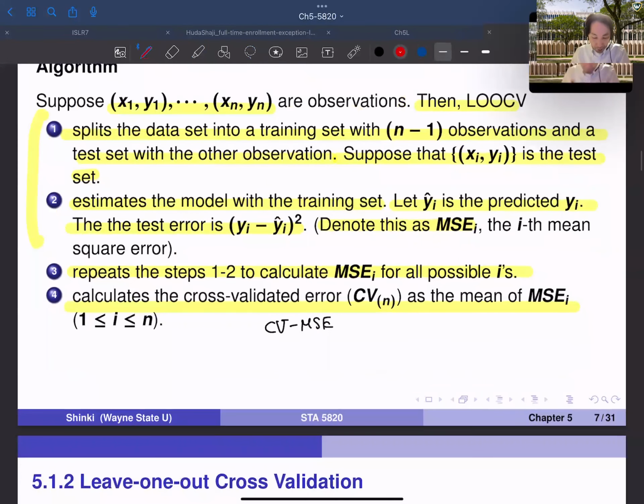Maybe another way to put it is, if we take the validation approach, we have a training set, a test set, and maybe a future large data set.